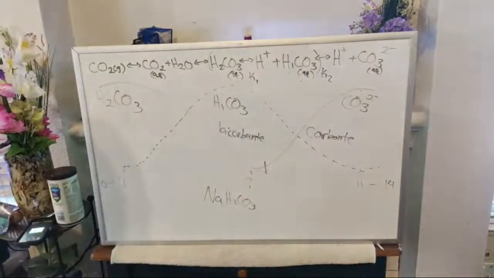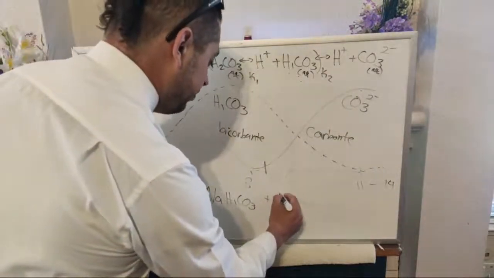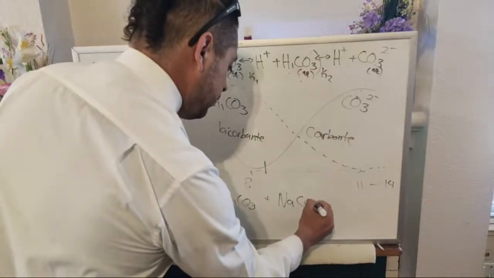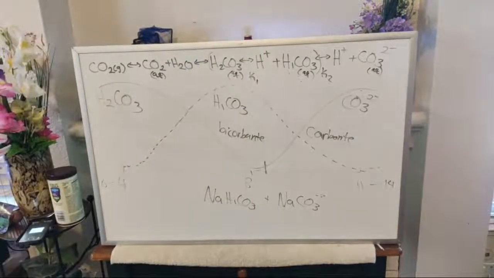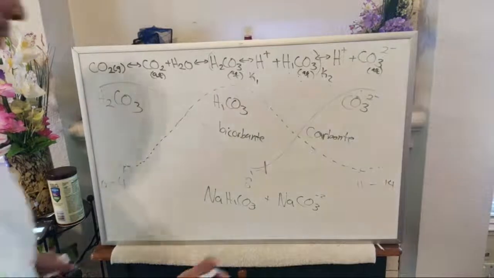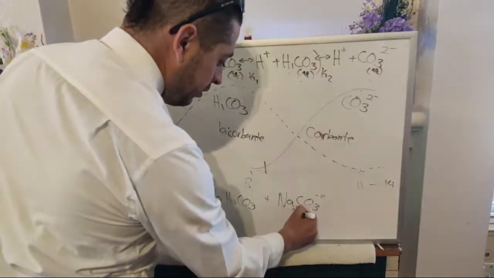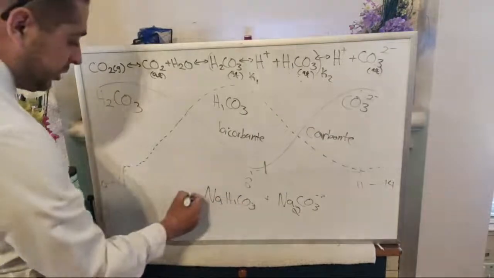And then to dose the carbonate, the easiest one to do is sodium carbonate. Wait, if that has 2 minus, well, hold on. Sodium has a +1 charge, so it has to have a 2 right here, Na2CO3. There you go.